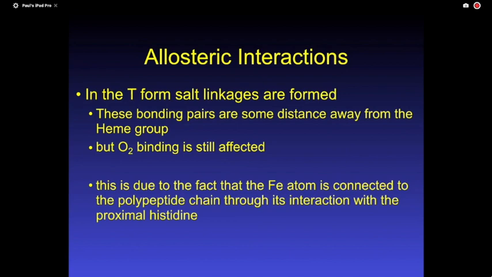And so if you have to move that iron on the heme, you've got to twist the entire protein just a little bit. And to twist it, you would have to break those salt bridges, and you would have to break the salt bridges of the BPG. It doesn't take a lot of movement to cause that thing to pop out or to break those bridges, but it does take a lot of energy to do that transition.